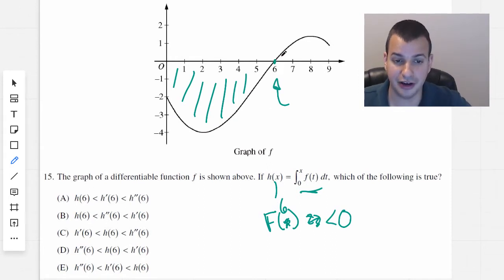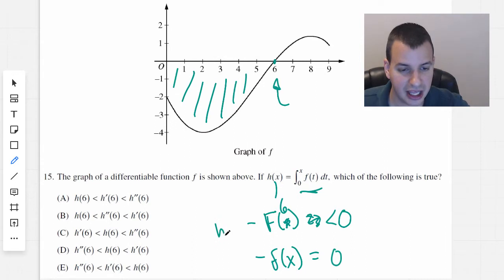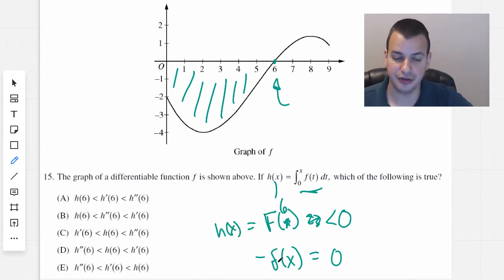This is the graph of f of x, and we know that f of x at point 6 equals 0 because it crosses it. And so this is h of x. And so the derivative of the antiderivative will be the normal function.